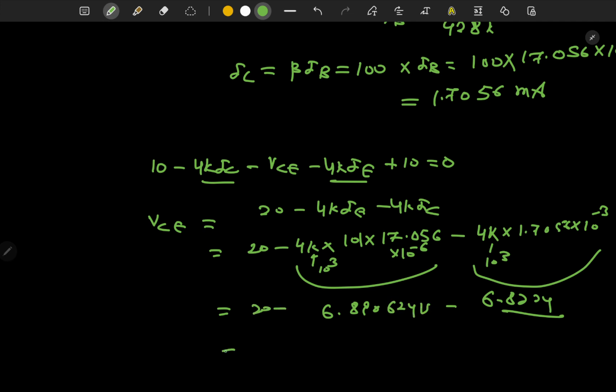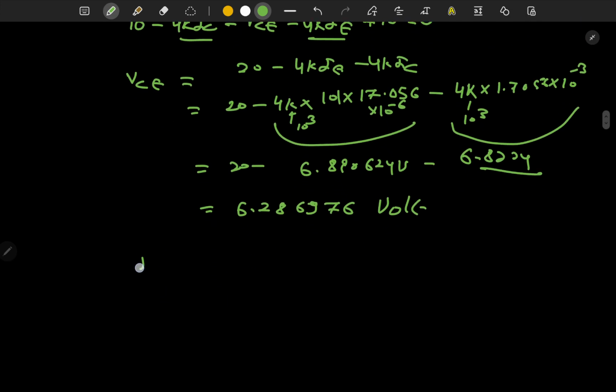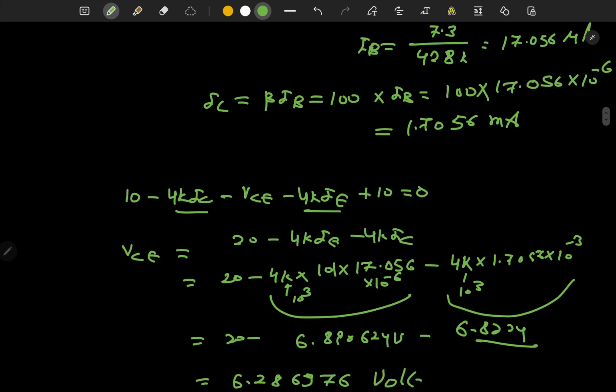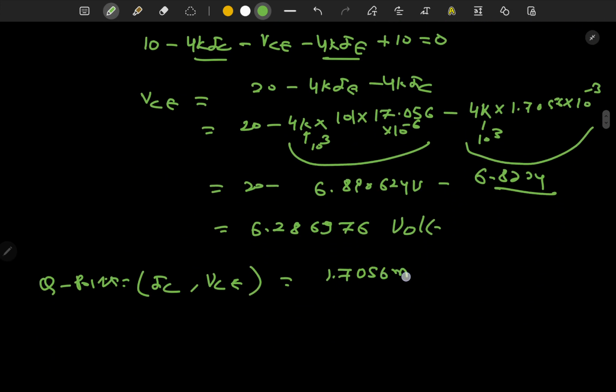So VCE is 20 minus 6.890624 minus 6.8224, which gives 6.286976 volts. Therefore, the Q point, IC and VCE, is 1.7056 milliamperes and 6.286976 volt. Thank you so much.